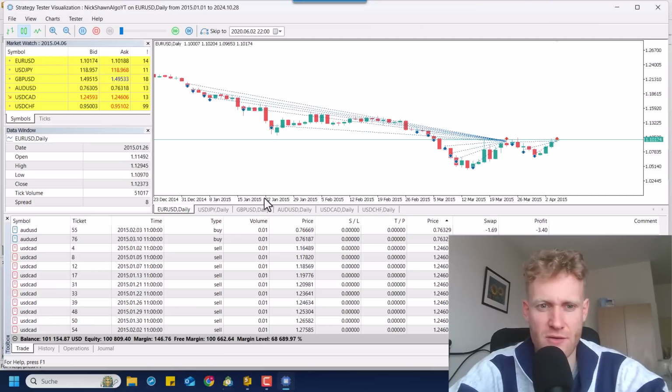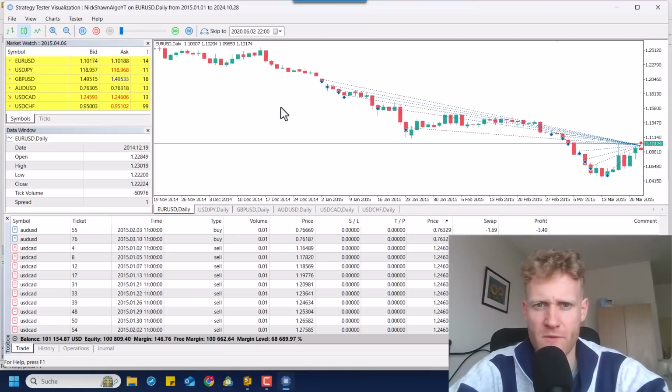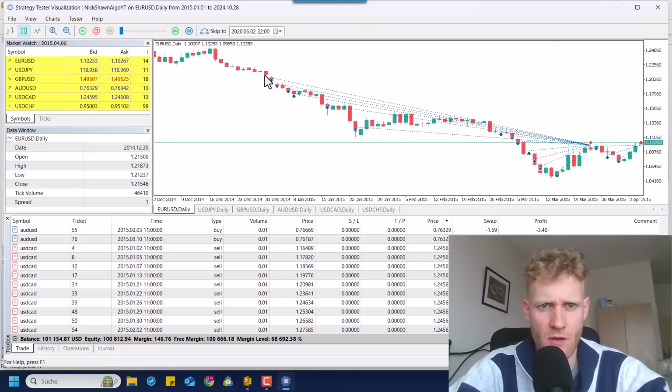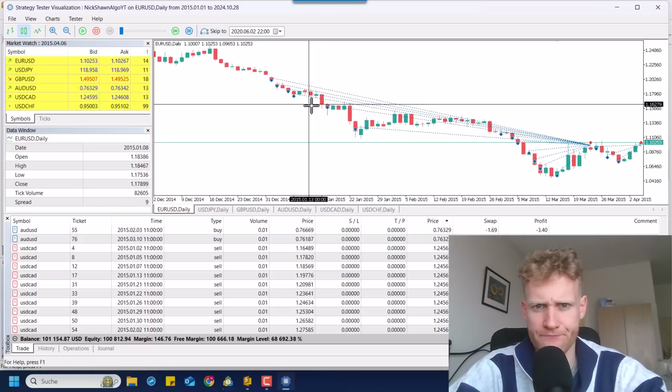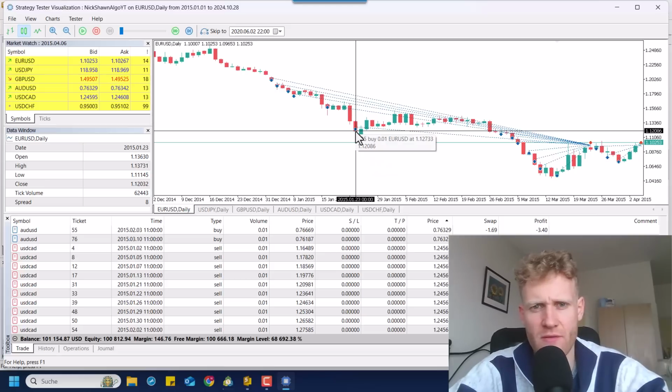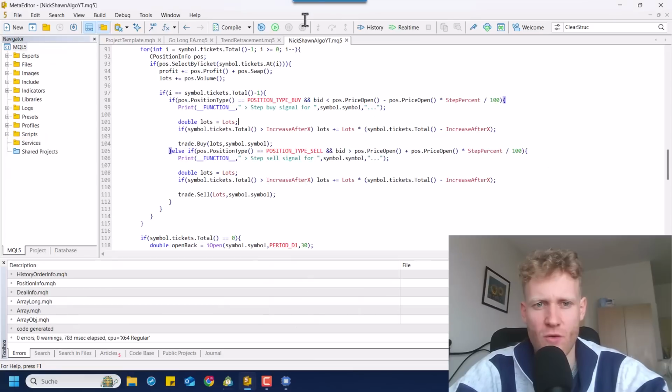Let's do the calculation. Here we had 1, 2, 3, 4. 1, 2, 3, 4, 5. And then this should already be with the initial increased lot size. No, okay, it's not. Because we have 5 positions.